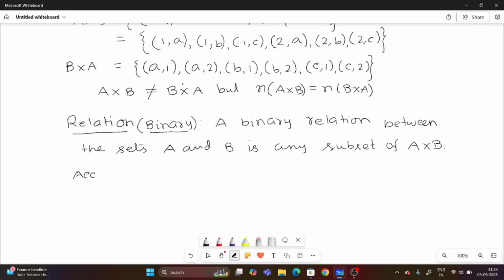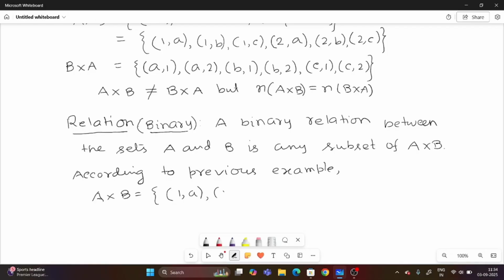So according to previous example, A cross B is equal to {(1, a), (1, b), (1, c), (2, a), (2, b), (2, c)}.